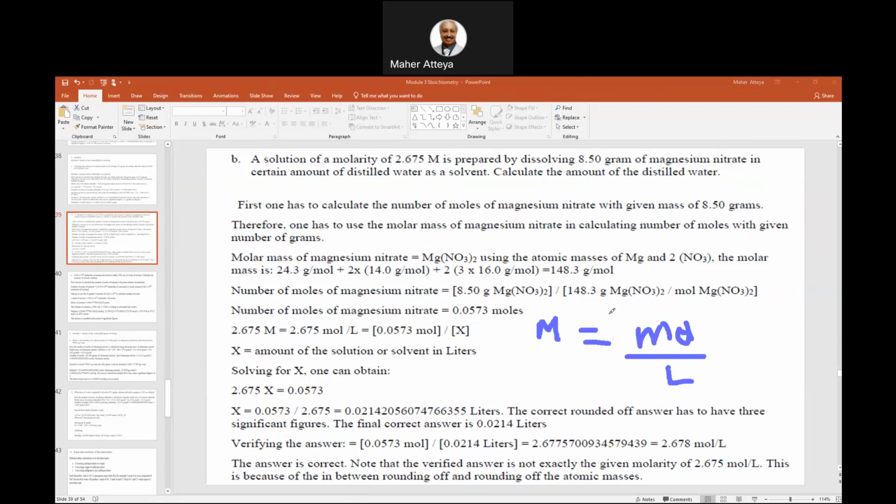Now, can I change this one? Yes. What will moles be? Another formula: moles equal molarity multiplied by liters, correct? Can I get the liters? Yes. Liters are moles divided by the molarity.